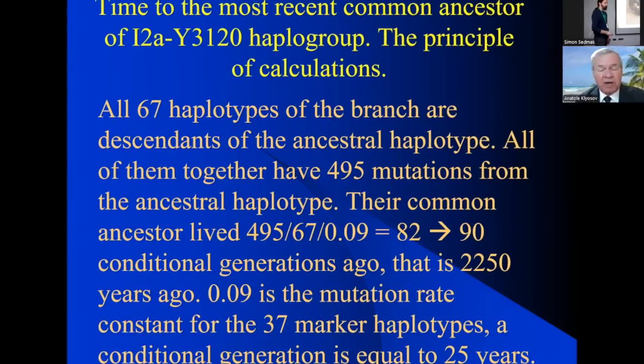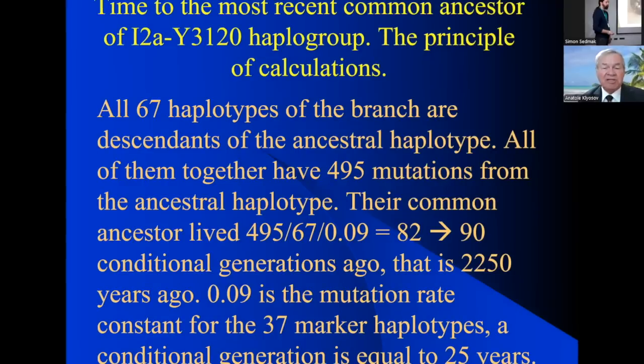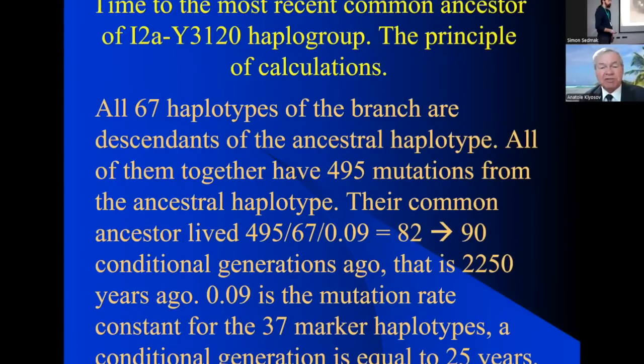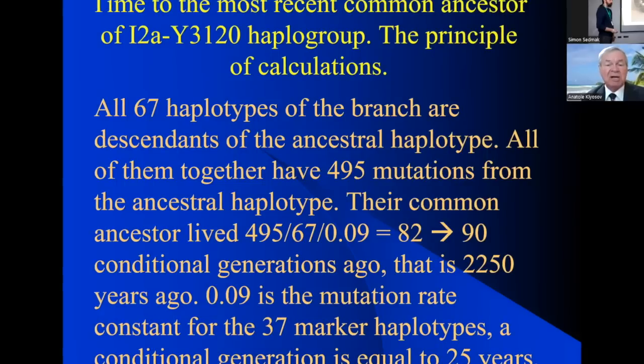Now, conditional generation is 25 years. Why 25 years? I'm sure everyone knows that it cannot be an exact time for a generation because it depends on many factors. It depends on environment, on diet, on religious principles, and so forth. So it is impossible to say exactly what a generation is.